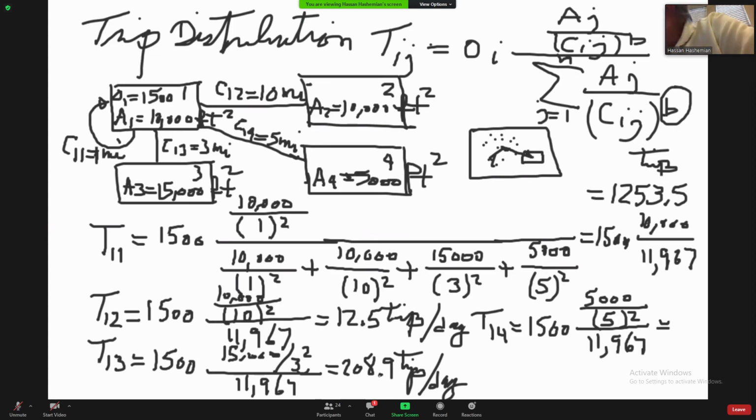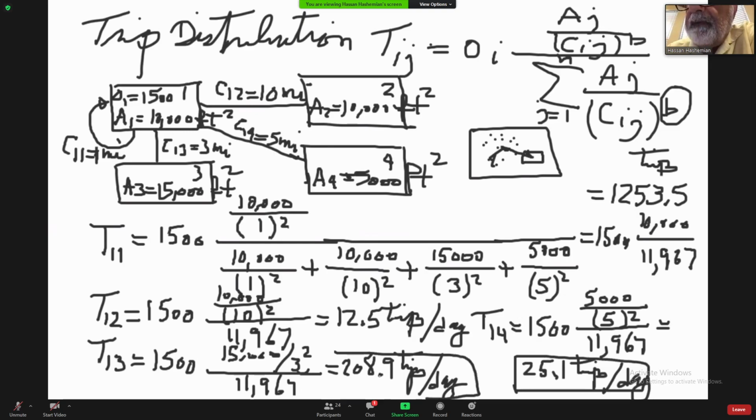And that will give you a number which is 25.1 trips per day. So you have 25.1, you have this 12 and a half, and then you have 1,253.5.